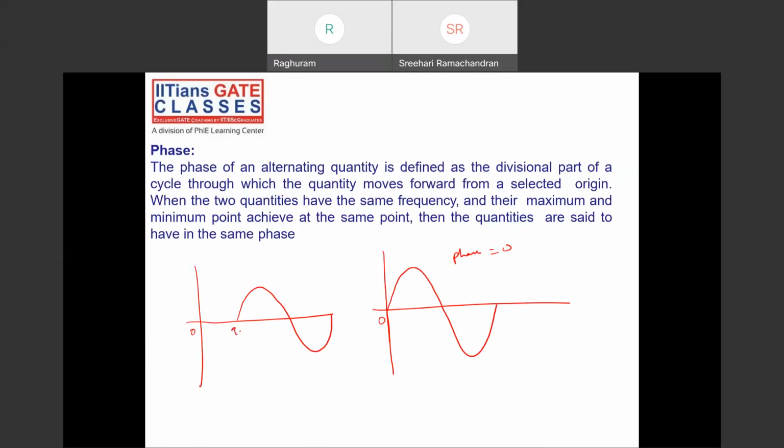This is 0 and 90 degrees, so the phase of this is 90 degrees. That means it is the divisional part of the cycle through which the quantity moves forward from a selected origin. I took this as the origin.